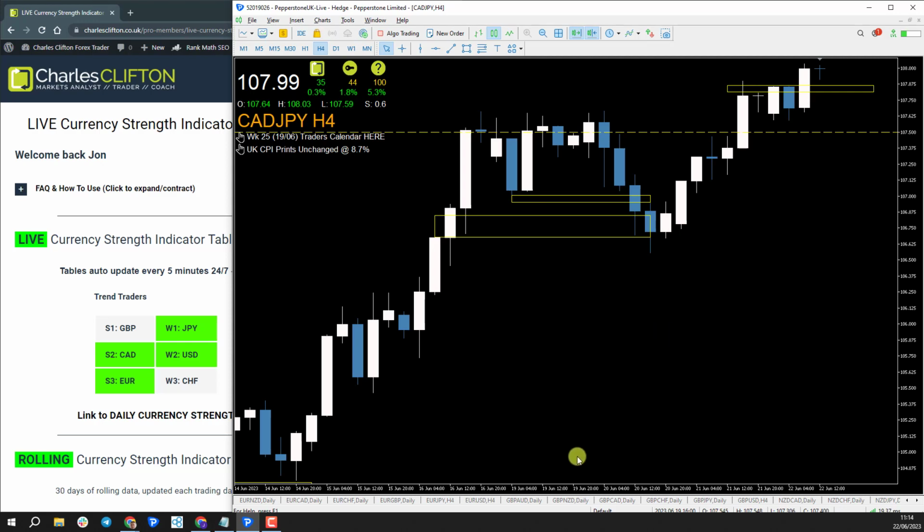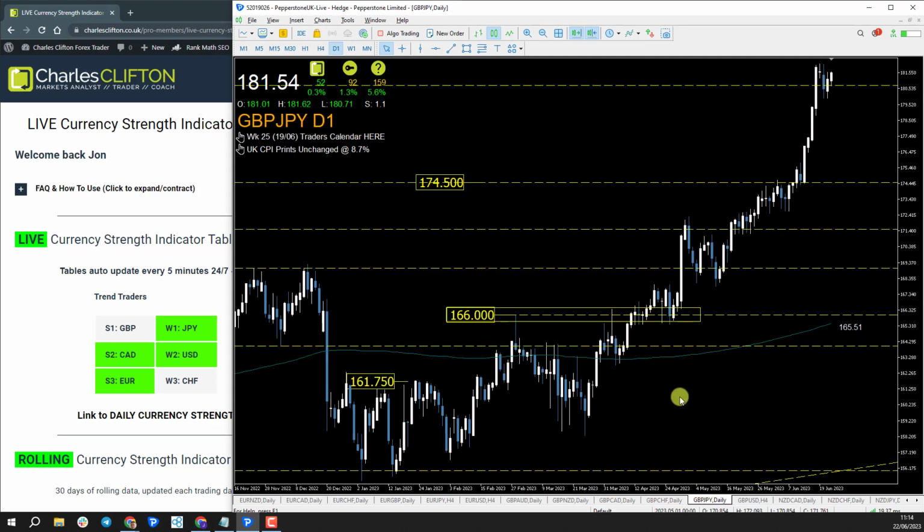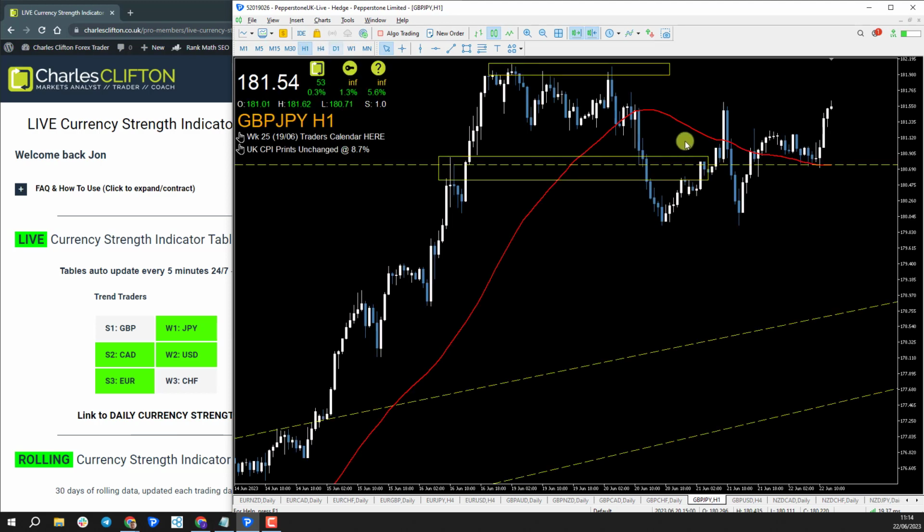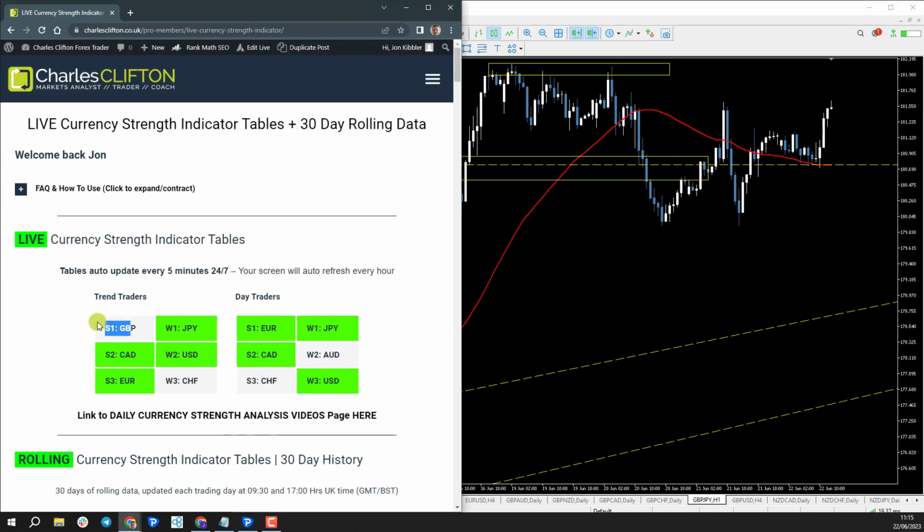Obviously we talked about cable recently and pound yen. If I just go over to pound yen, we actually got out of these trades for break even. Price has actually rallied, but our entry was this 108.75 area. I actually closed this out in profit. So yeah, we could have had 76 pips out of this, but if we look at our tables, although pound is S1 on the trend traders, it's been removed from the day traders.